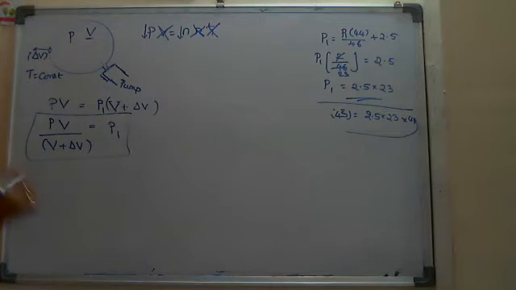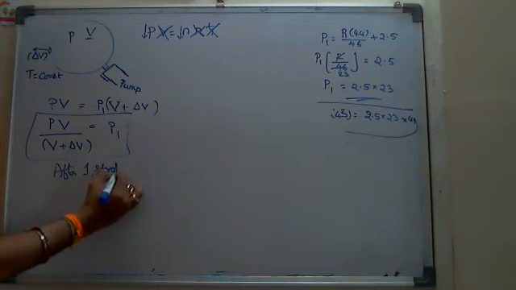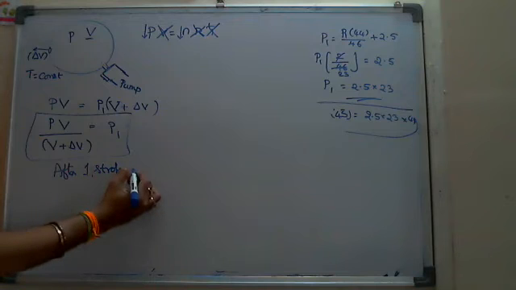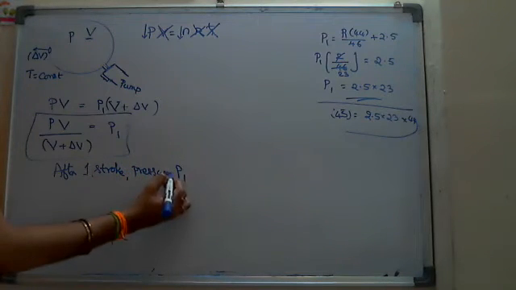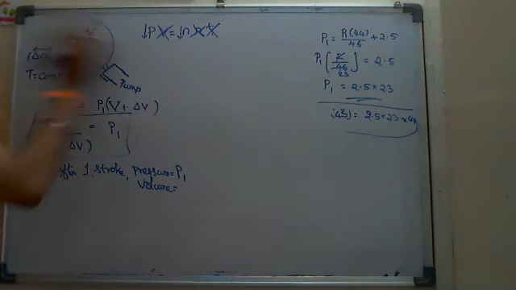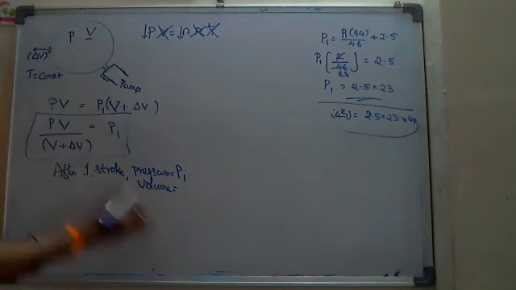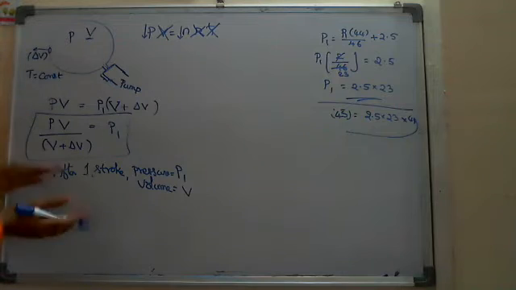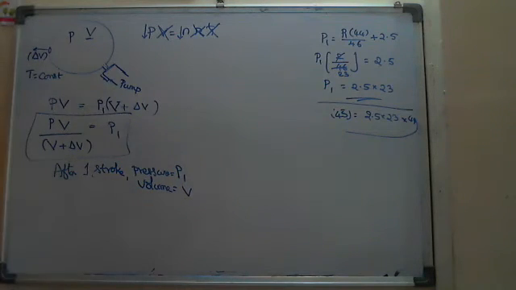Now after one stroke with the pump, the pressure becomes P1, and the volume after pumping out, practically the number of molecules are decreasing and the remaining molecules occupy the same volume V. So after one stroke, the pressure is not P but the volume will be V only.